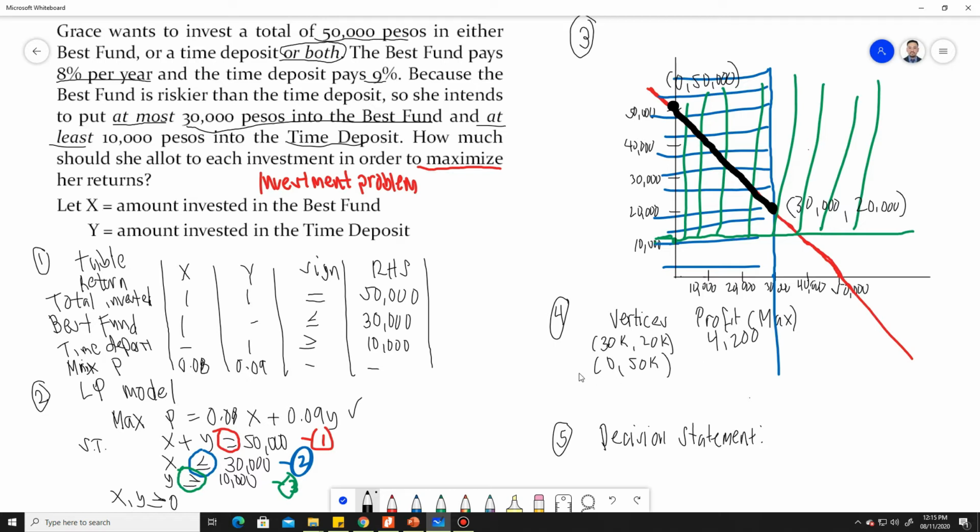Kung ipapasok natin yan doon sa ating objective function sa x and y, ang makuha natin is 4,500. Okay? So since ang hinahanap natin is the maximum, we have max P, our answer will be the highest, which is 4,500 at 0 and 50,000.